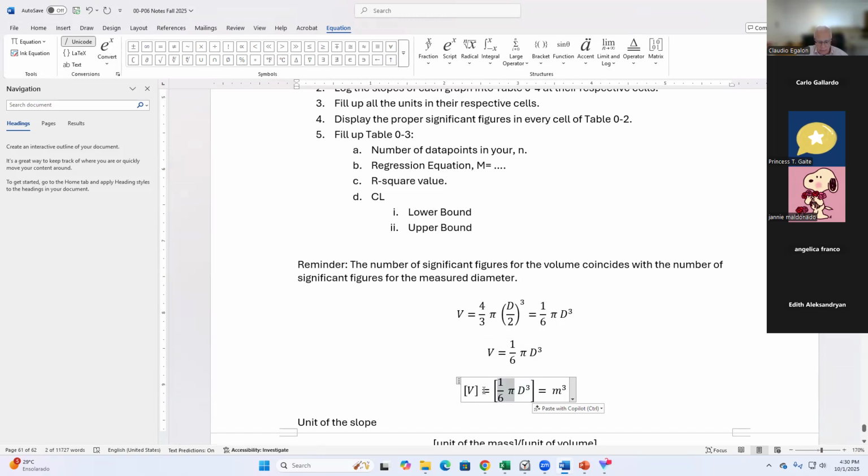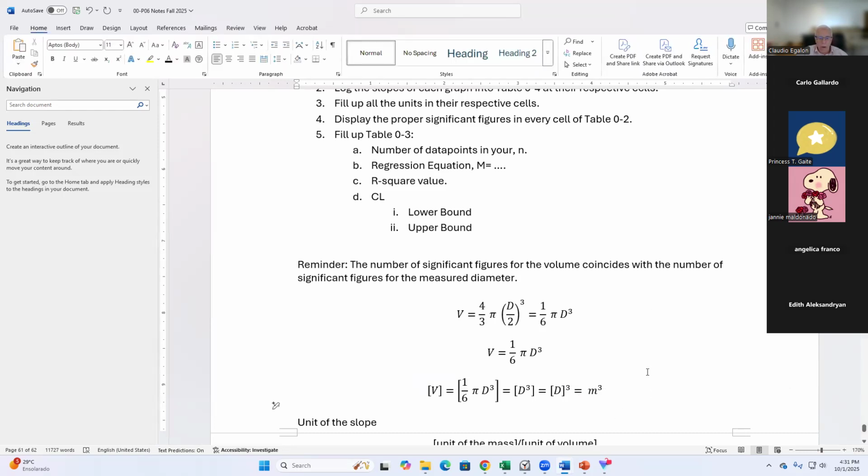The only thing that has a unit is the cubic diameter, d cubed. The unit of the diameter is the meter, and then you have the cube raised to the meter. That's how you solve this problem.